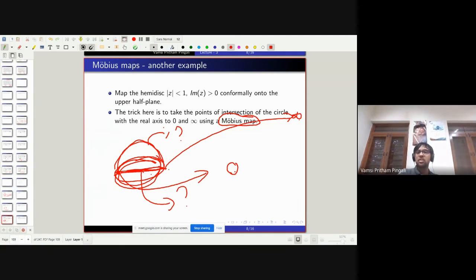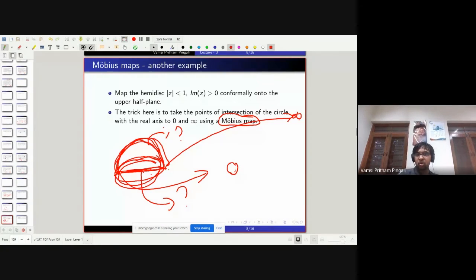And the answer is it should go to a straight line, because a circle can never contain infinity. A circle is a bounded object, right? It's a compact thing. It never contains infinity. Likewise, this circle also cannot go to a circle because two of its points are 0 and infinity. That means it must go to a straight line.